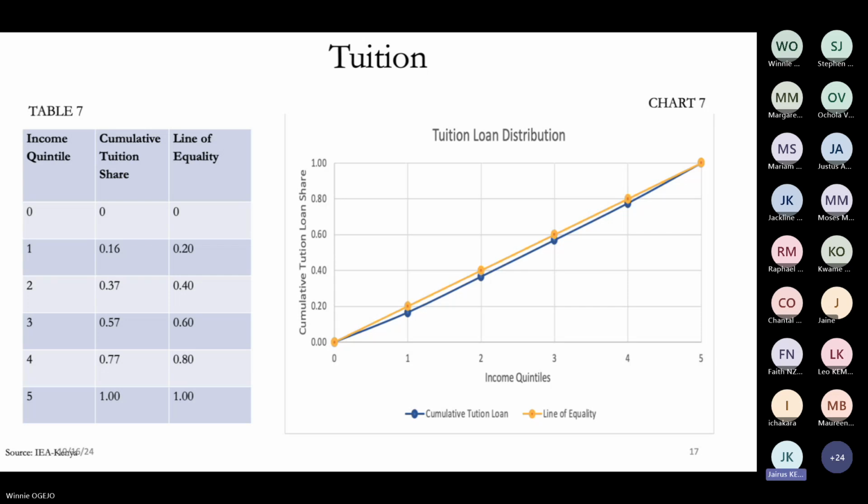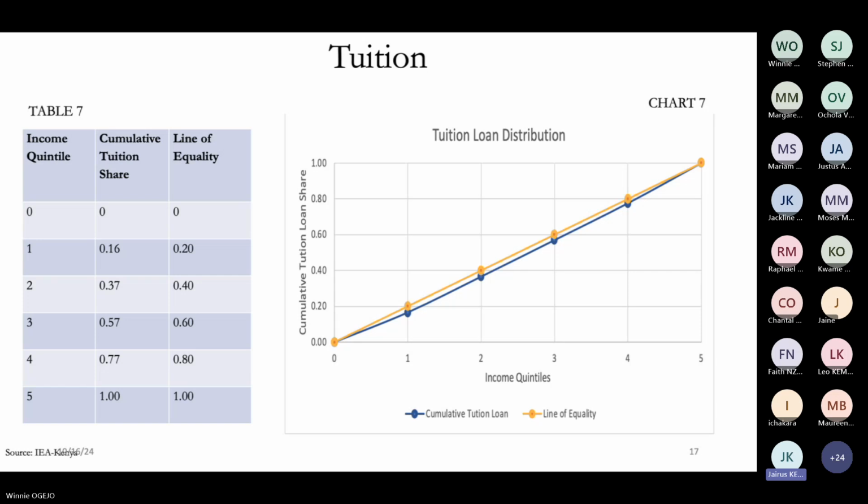When you look at it cumulatively, quintile 1 and 2, those are the quintiles representing the lower income groups, they're receiving 37% of the tuition loans.